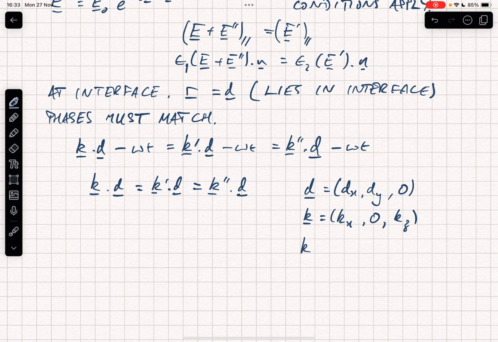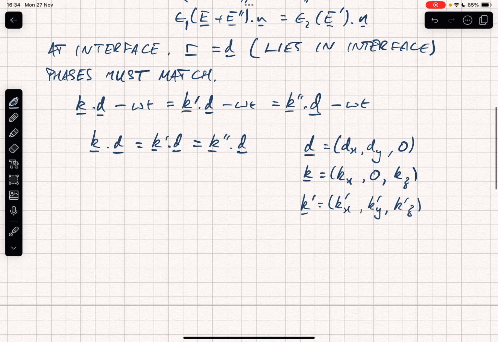Of course, this means that k prime is equal to, in general, k prime x, k prime y, k prime z, but in a moment we're going to see that we can make some deduction about exactly what plane that must lie in. K double prime has the same form in general. So if we now just expand this out, we would write the following.